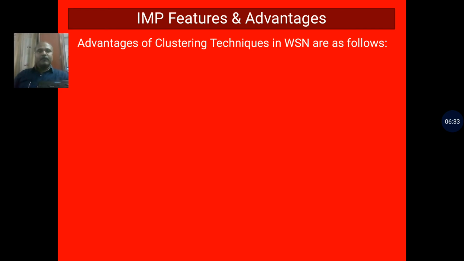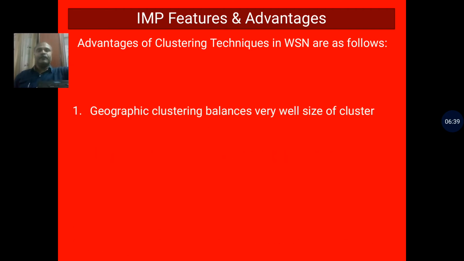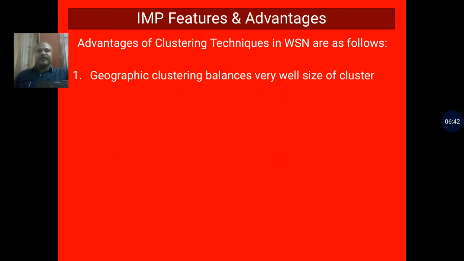Important features and advantages. Advantages of clustering techniques in wireless sensor network are as follows. Geographic clustering balances the size of clusters very well, because each cluster has a devoted sink and, according to the geographical condition, the area is clustered and the sink is also fixed.